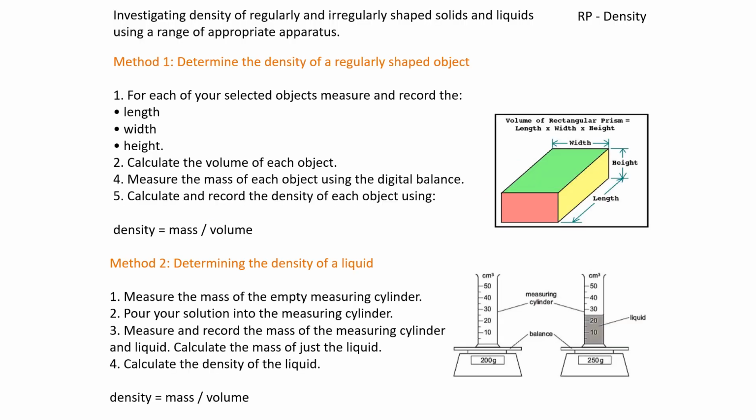Now, the only thing I'm going to highlight in this required practical is the fact that there's 3 methods. Method number 1 is a regular shaped object, where you've got to get the density of a regular shaped object, like this shape here, where you've got a standard width, height, length.